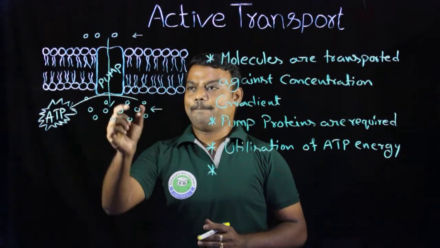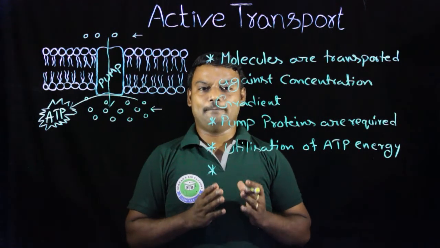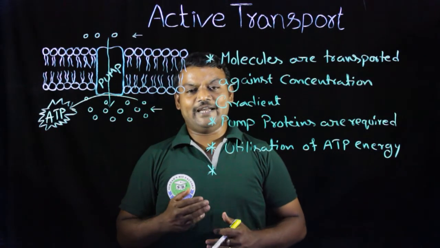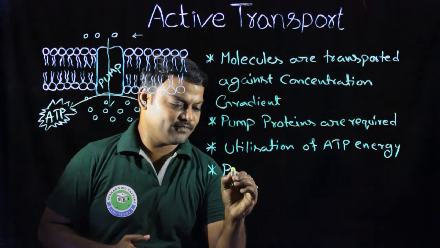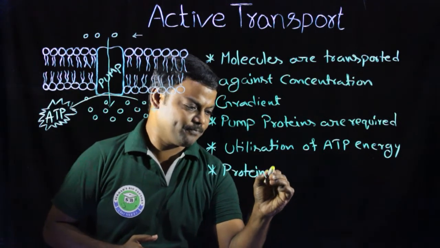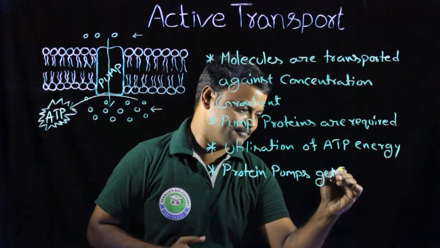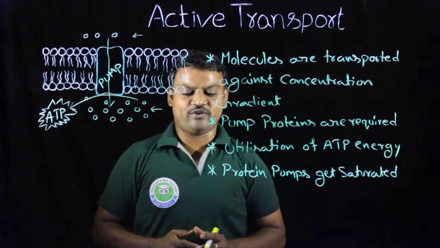For example, the protein pumps have a capability to transport a certain number of molecules at a time. If the transportation rate reaches maximum, the protein pumps get saturated.